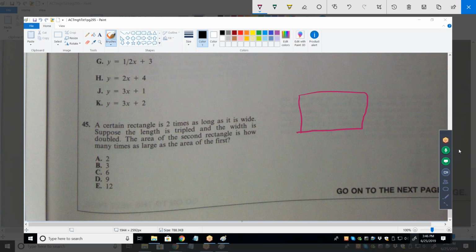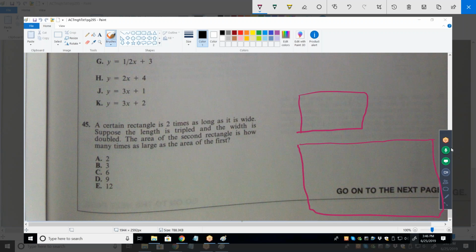I get C. So how'd you do it? Yes, sir. I tripled the length, which was originally 2x, and got 6x.